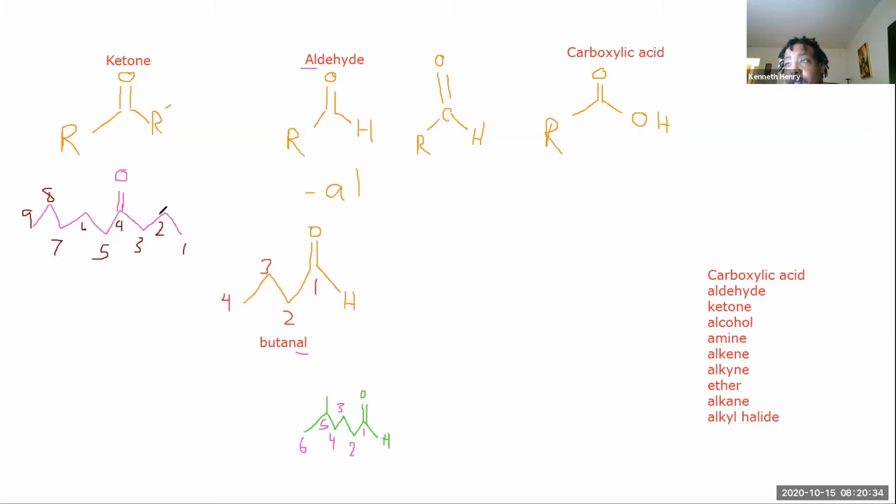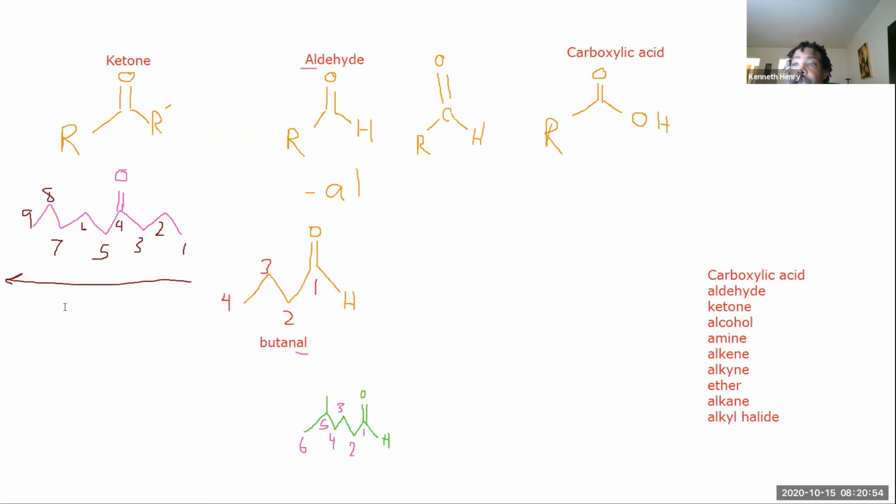So this is 1, 2, 3, 4, or if we go this way, it'd be 1, 2, 3, 4, 5, 6. Which one is the shorter distance, 4 or 6? 4. So this is the direction we're choosing to go.